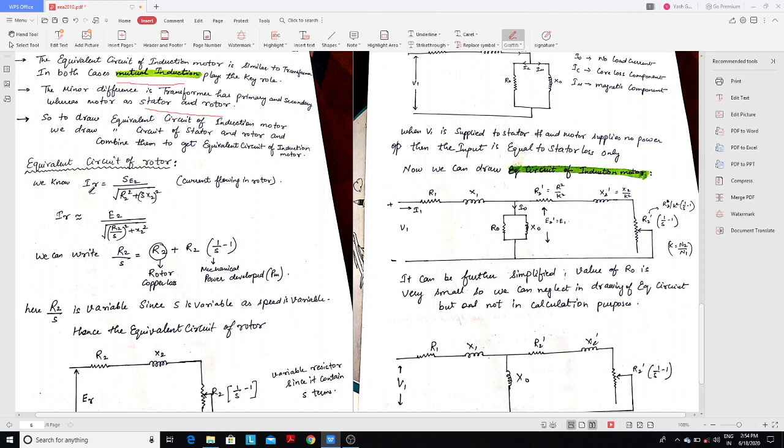We know the current flowing through a rotor is equal to SE2 upon the square root of R2 squared plus SX2 whole squared. It can be further simplified by dividing by S in the numerator and denominator, and we can write R2 by S in this form: R2 plus R2 times (1/S minus 1). This R2 is the rotor copper loss resistance, and this is the mechanical power developed, Pm, which is equal to I2 squared R into this resistance.